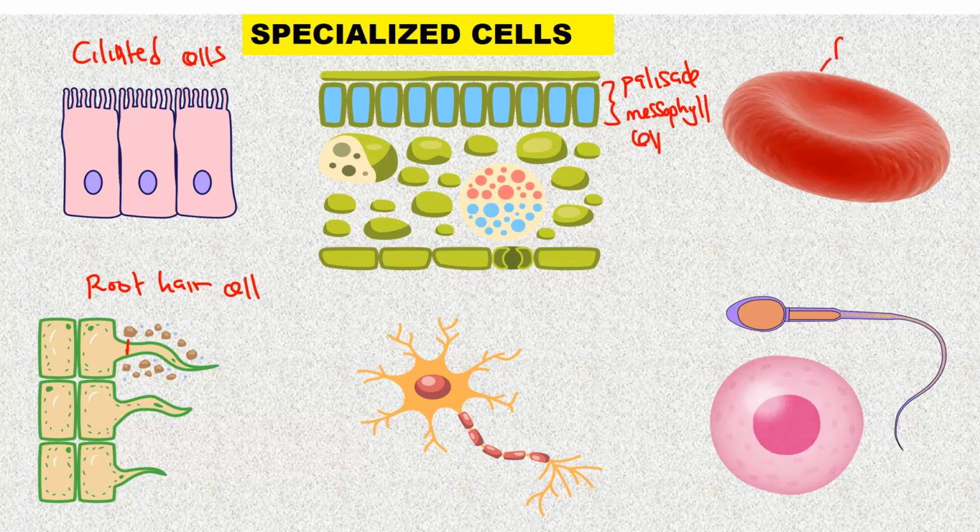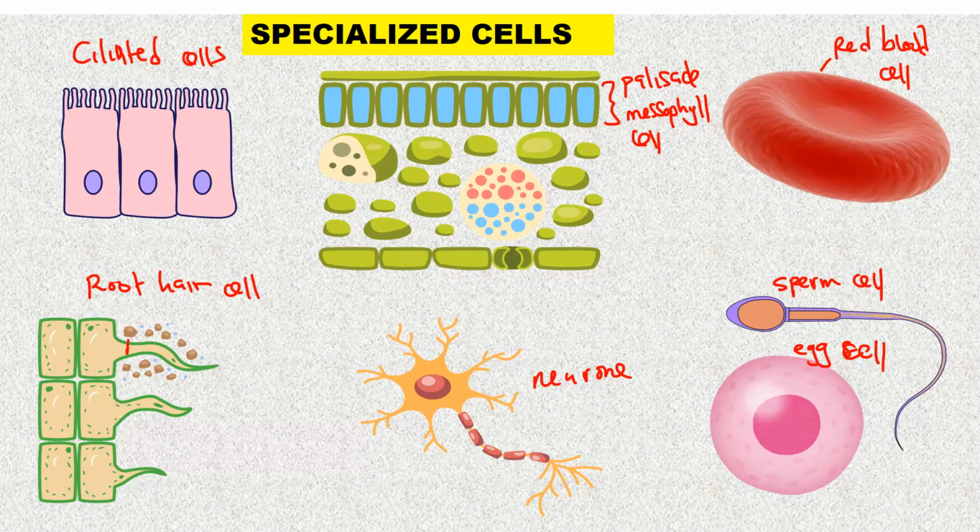Then, of course, this is the red blood cell. Then this is the sperm cell. Then this is the egg cell. Then this is the neuron. So these are specialized cells that we focus on. Now, what is the function of the ciliated cell?